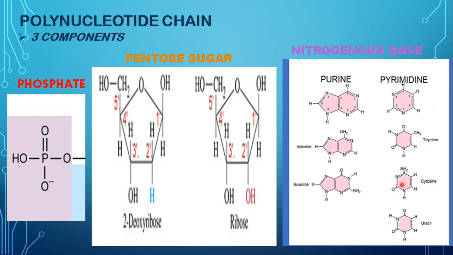Adenine, guanine and cytosine are common to both DNA and RNA. Thymine and uracil are not common. Thymine is present in deoxyribonucleic acid, and uracil is present in ribonucleic acid. So these 3 components, phosphate, pentose sugar, and nitrogenous base, together make up one nucleotide. Such nucleotides join with each other to form a polynucleotide.